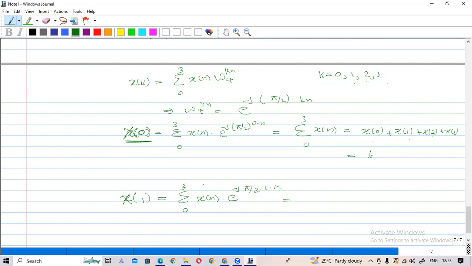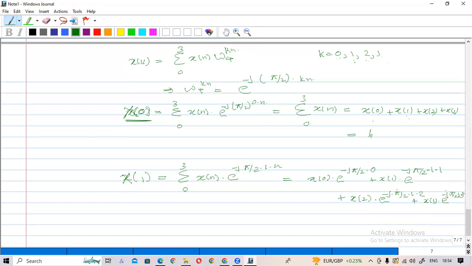Now you have to expand from 0 to 3: x0 e to the power minus j pi by 2, k is equal to 1, n is equal to 0, plus x1 e to the power minus j pi by 2, 1, into n which is again 1 now, plus x2 e to the power minus j pi by 2, 1, n is equal to 2, plus x3 e to the power minus j pi by 2, 1, n is 3.